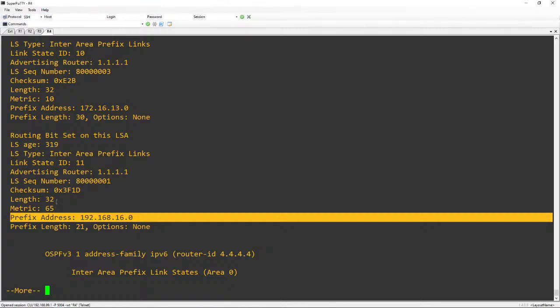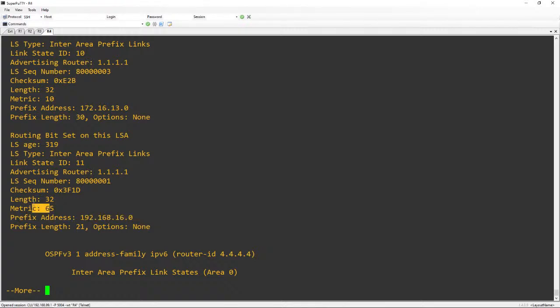Well, the cost of a loopback is 1. So that's why we see the cost is 65 there. It takes the lowest metric of all the routes that are included in the summary, and that makes that the seed metric for the summary itself. All right? So again, these are my type 3 LSAs.